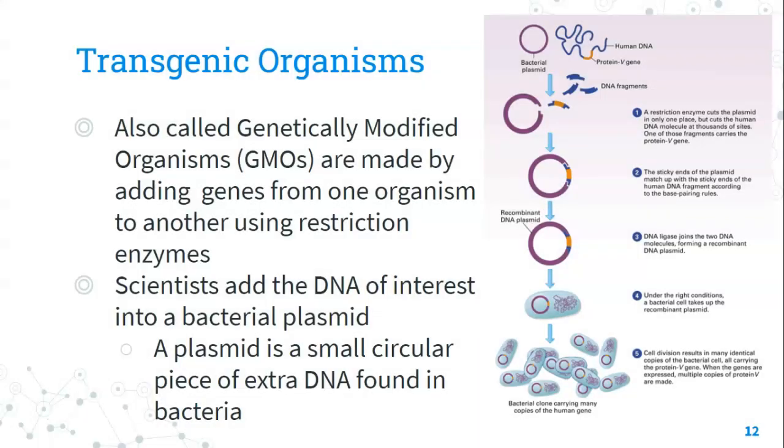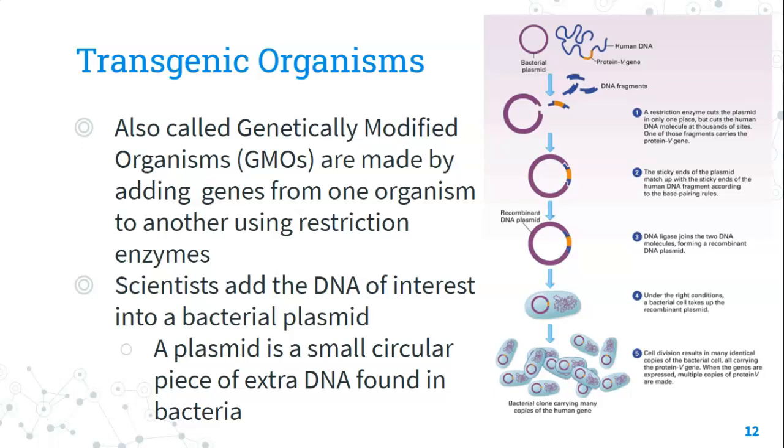One way that we use it is in transgenic organisms. I'm sure that you were probably sensing this from where we were going with our assignments so far, that we were eventually going to get into genetically modified organisms, or GMOs. And the way that GMOs are formed is using restriction enzymes and recombinant DNA.